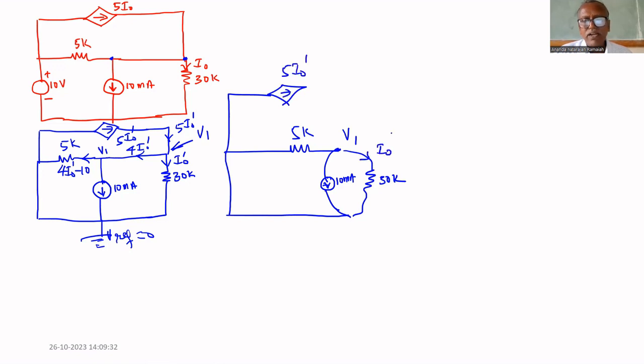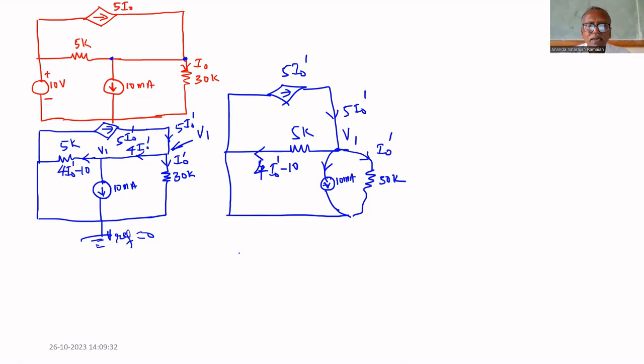Current through this is I0 dash. These both are the same. What is the total current coming here? 5 I0 dash, out of which I0 dash is going through this and 10 milliampere is going through this. That's why the remaining current is 4 I0 dash minus 10. Let us assume that current is in milliampere.